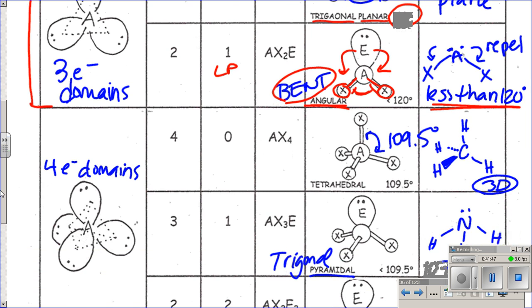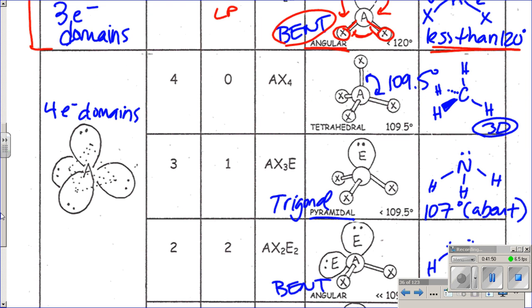If you gain another electron domain, so another either lone pair or bond, you have quite a few shapes you can take on. The one that we know best is tetrahedral. So this is 4 bonds, no lone pairs. Tetrahedral has a 3D shape, so it takes up area in both the equatorial and axial region. It just doesn't align that way. So the bond angle here is very important to know.